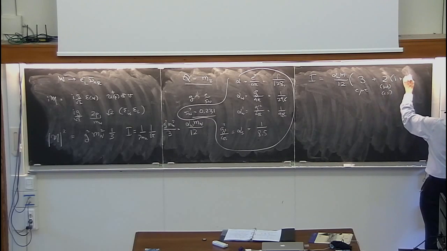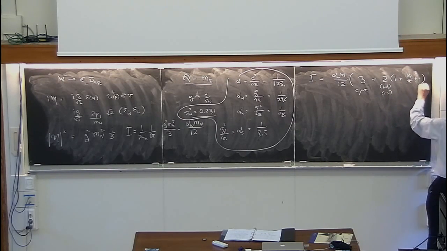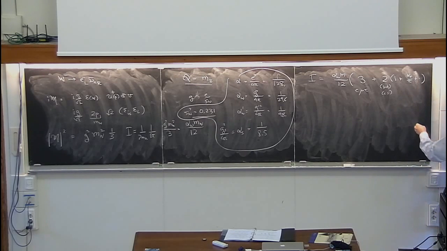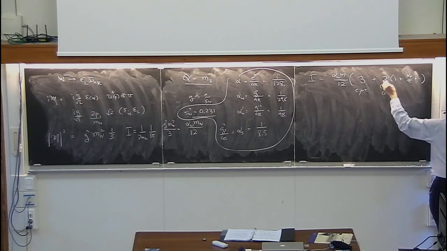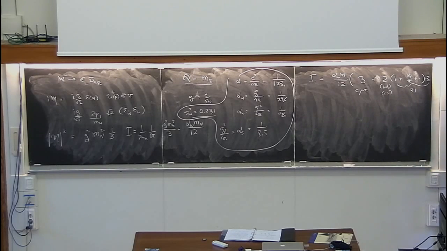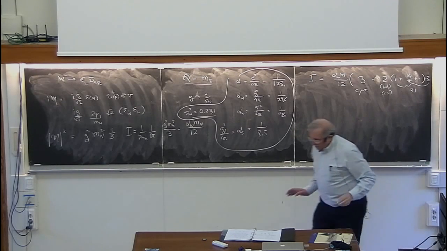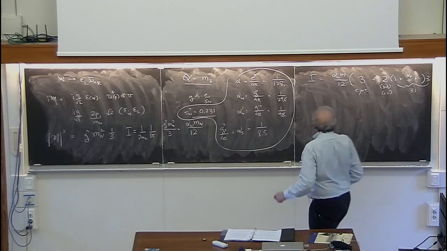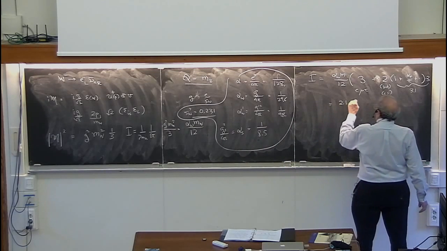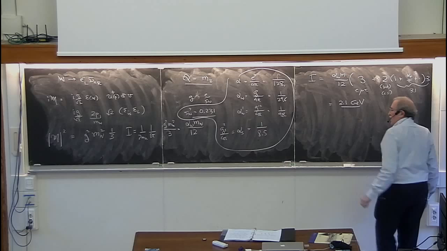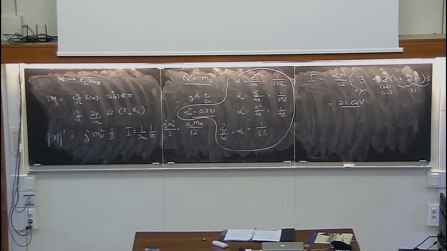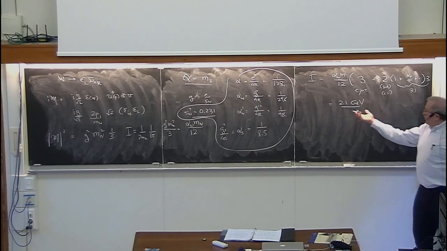And then you have to remember that there's a non-trivial QCD correction, which to first order is just alpha S over pi. And I'm sorry, I forgot color. So this number is actually not 3, it's something like 3.1. And if you add up all those things, you get 2.1 GeV, which is a number that is resolvable in LHC experiments, but it's not really important.